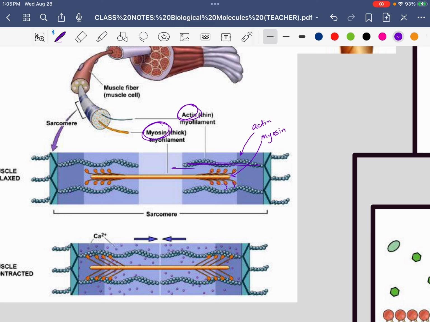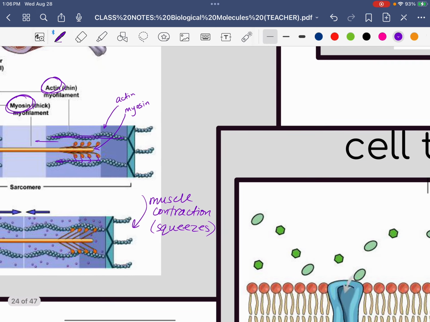These essentially catch on to the actin filaments and pull them this way to squeeze your muscle, and then they let go to release your muscle, and they relax, and the muscle goes back to its normal length. So you can see here's a muscle contraction. When the muscle squeezes, that's called a muscle contraction.